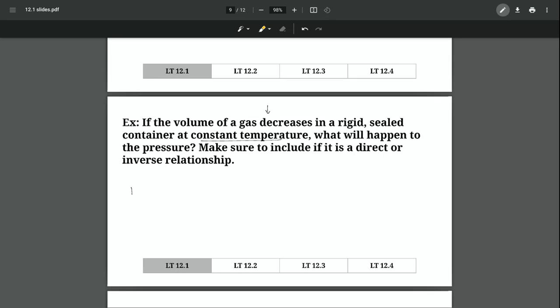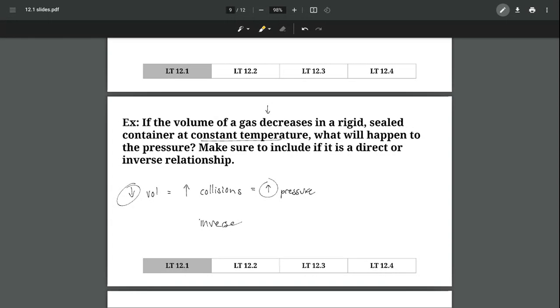So less volume means that there's going to be more collisions because you have the same amount of particles in less space. Remember, pressure is the amount of collisions, so higher amount of collisions means higher pressure. And these are going in opposite directions, and therefore it is an inverse relationship.